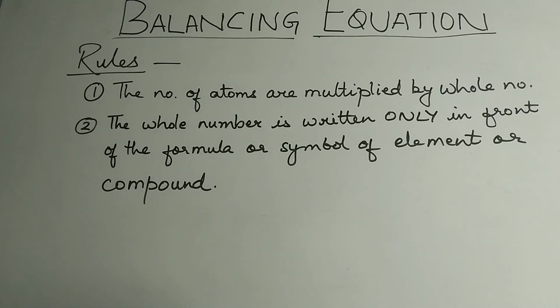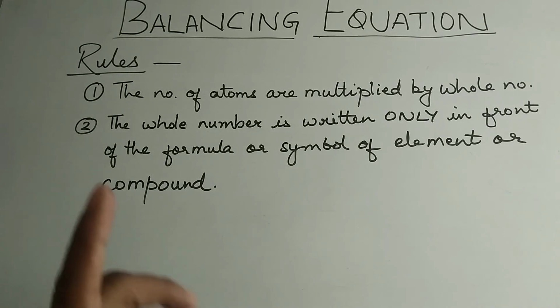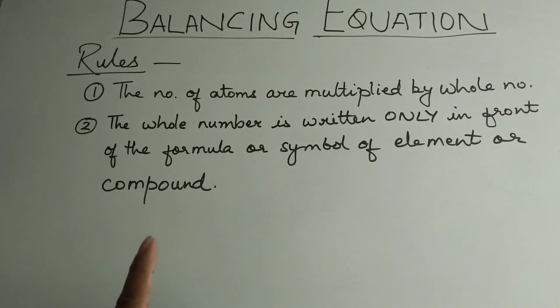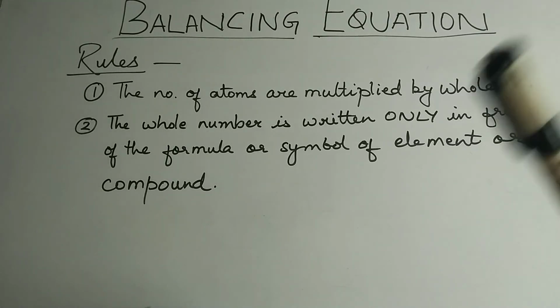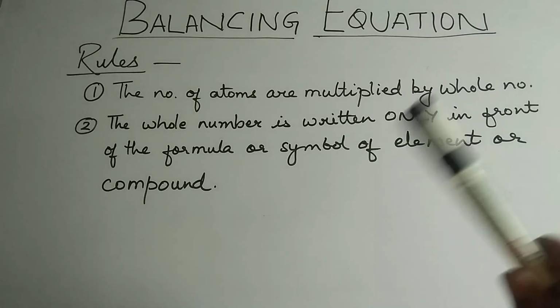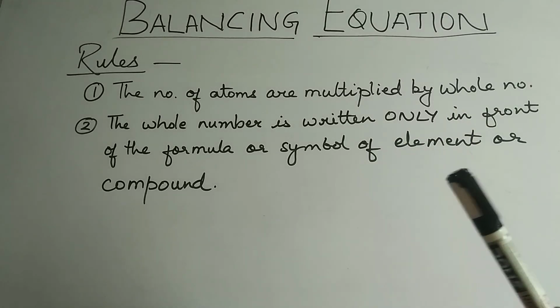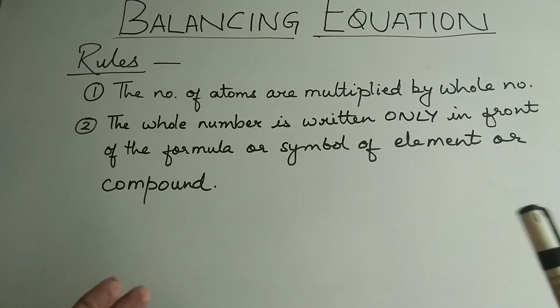Second, important, the whole number has to be written only in front of the formula or the symbol of the element or the compound. You cannot write it in between, you cannot write it at the back, right? So it has to be written only in front of the symbol or the compound formula that we have written. These two rules are very important. You need to remember them very properly. Then as we proceed, we are going to do some more.